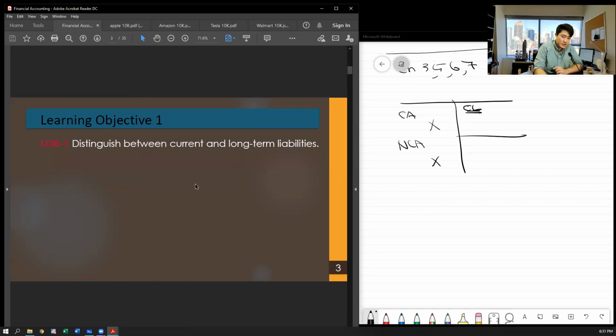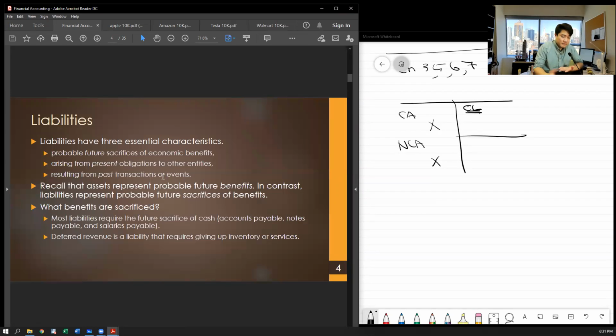The first learning objective is to be able to differentiate between current and long-term liabilities. Very easy. Basically, the criteria is whether the liability is due within 1 year or beyond 1 year. That's the easiest way to differentiate between current and long-term liabilities.